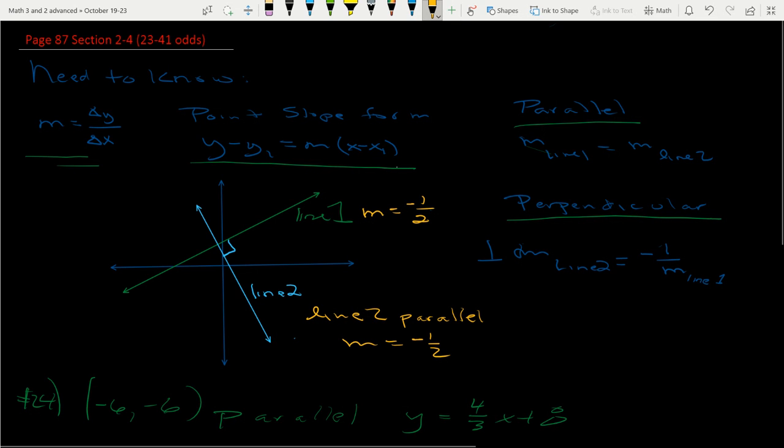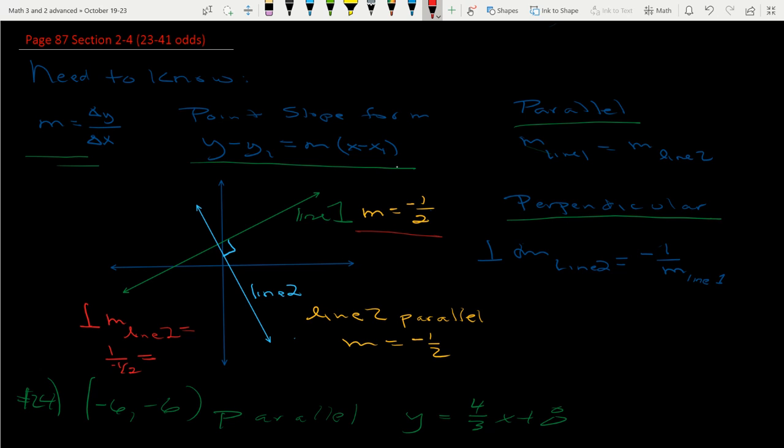Now I'm going to put this one in a different color, red. I want to know the perpendicular, that's the symbol for perpendicular, an upside down T, the perpendicular slope for line 2. Well, that is going to be -1 over the slope of line 1, which is -1/2.